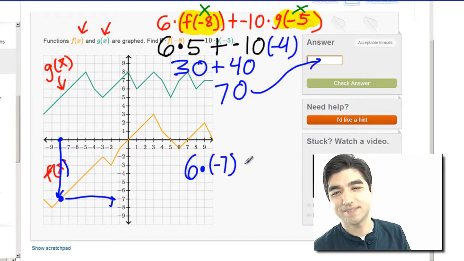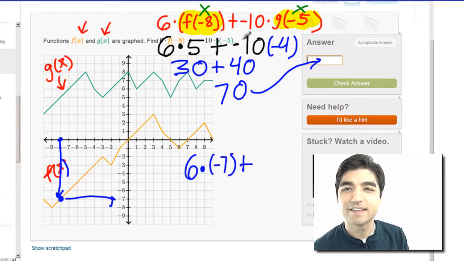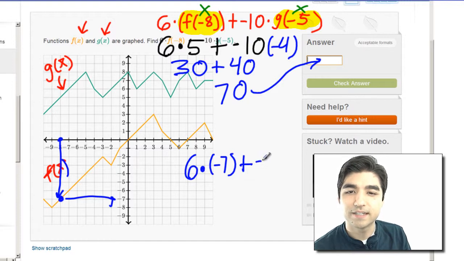See, everyone makes mistakes. So then you add that to -10 times g of -5, which is this graph, and that value is 8.